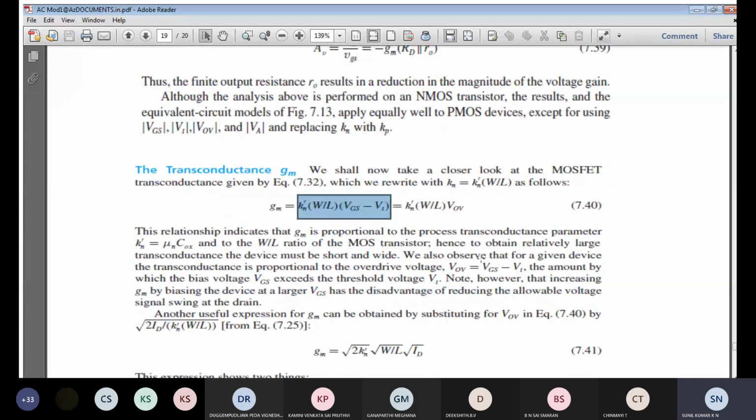So this is one of the relations that gives the relationship for the transconductance. So GM can be written as Kn dash W by L times VGS minus VT, and I can write VGS minus VT as the overdrive voltage. So this is one expression, which we got in the previous equation, equation 7.32.